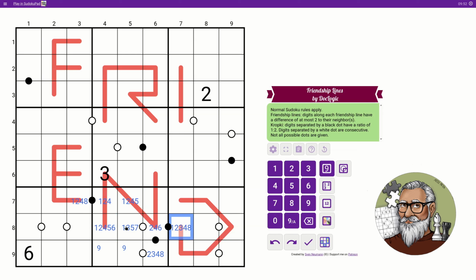1, 2, 3 seems to be okay, right? 1, 2, 4, or 8 should be okay as well. Right.